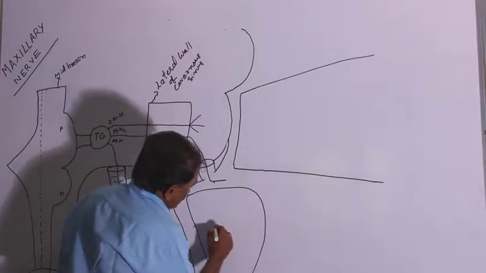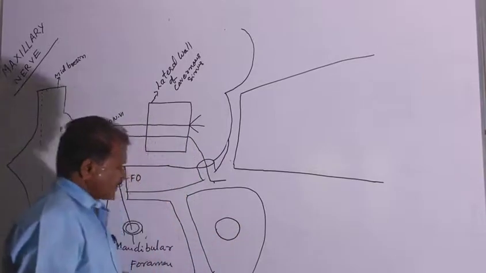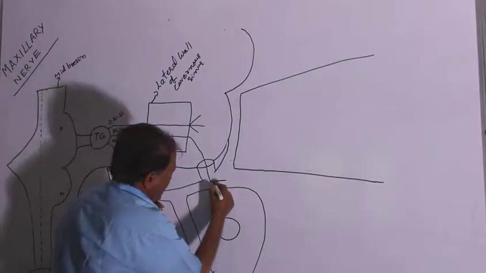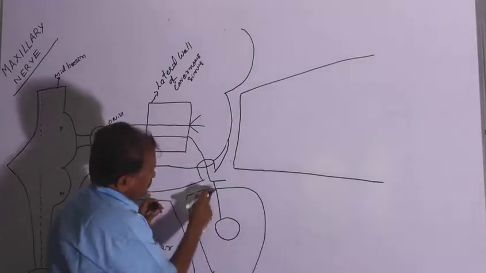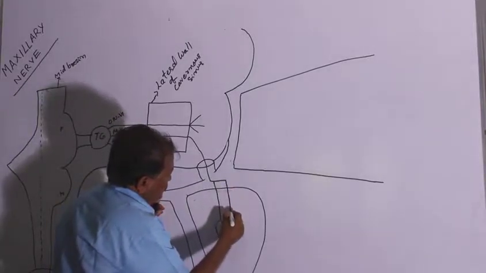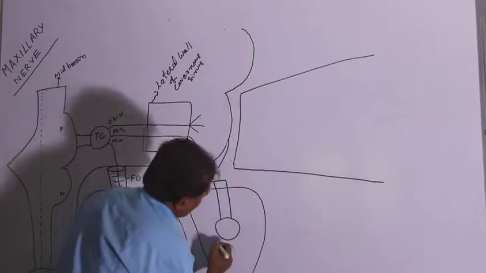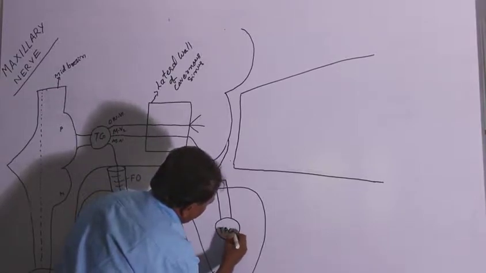There is the pterygopalatine ganglion within the pterygopalatine fossa, and it gives the ganglionic branches. These ganglionic branches enter into the pterygopalatine ganglion.